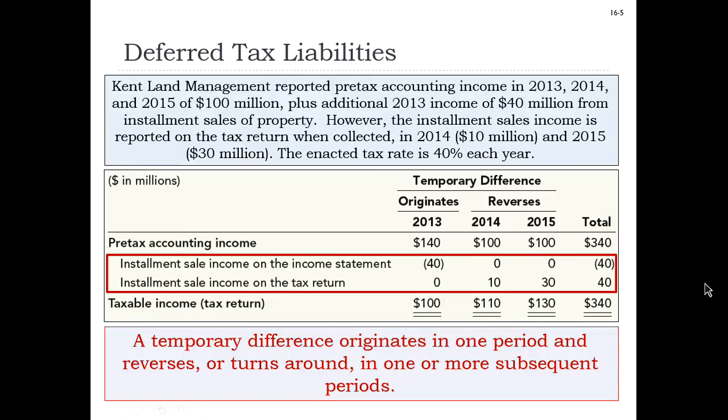So this is the same type of effect when we're speaking about the temporary differences. We're going to have different ways of reaching a destination, but we're still going to reach the same destination. In this example, it will be the $340 million. Same type of result.